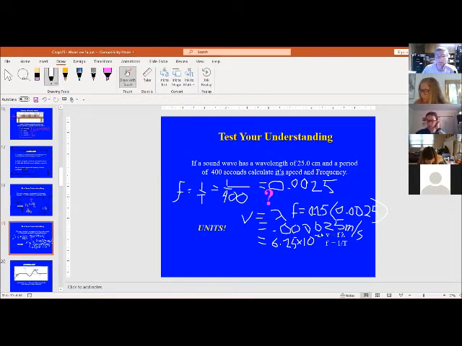Let me show you another way of doing this. You see this formula right here? It may come in handy that you understand that that formula is the same as this formula. V equals lambda over tau.